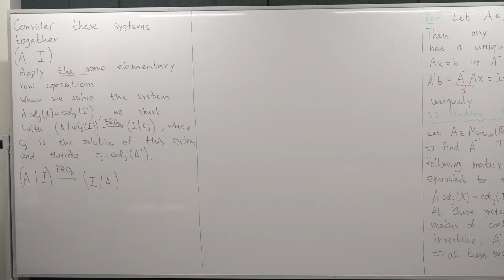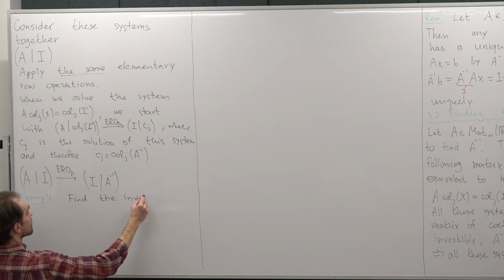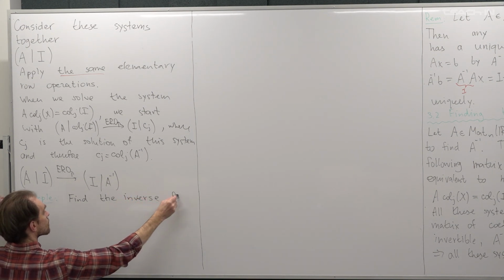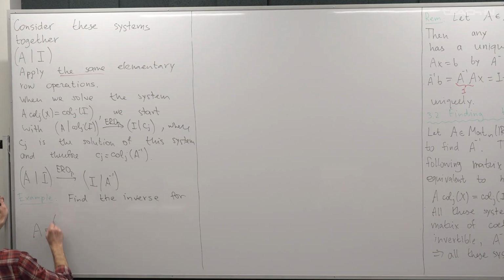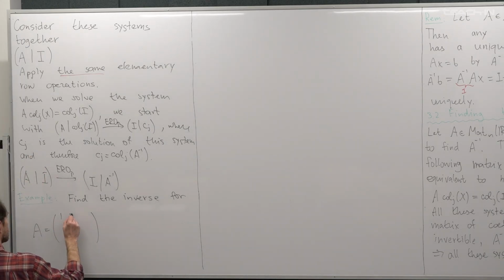And of course we need some examples, so let me consider some example of finding the inverse. I will consider a 3 by 3 matrix with rows 1, 2, 1, then 1, 3, 2, then 2, 1, 0.